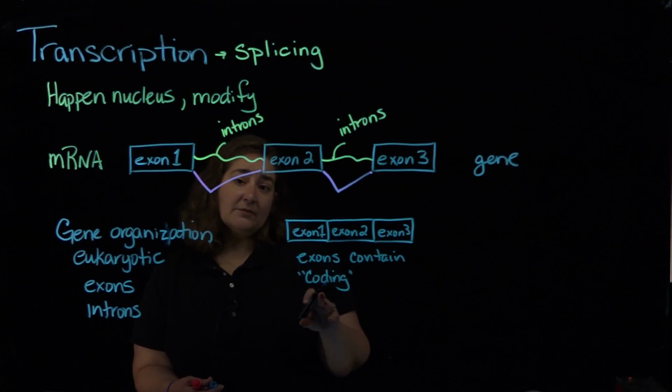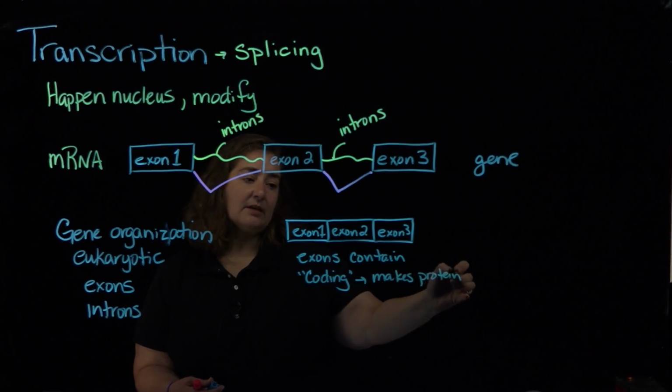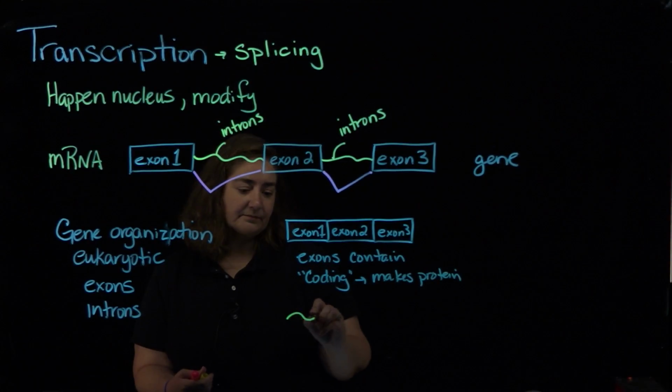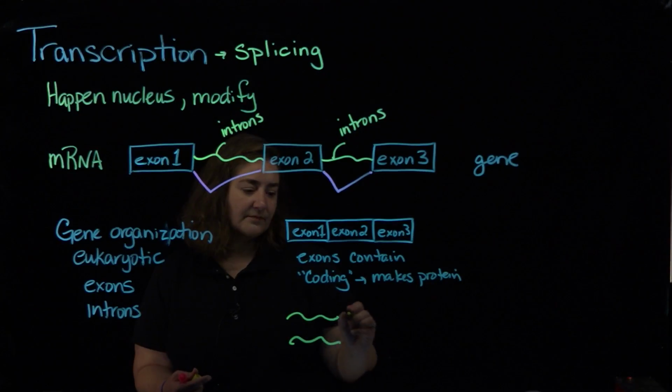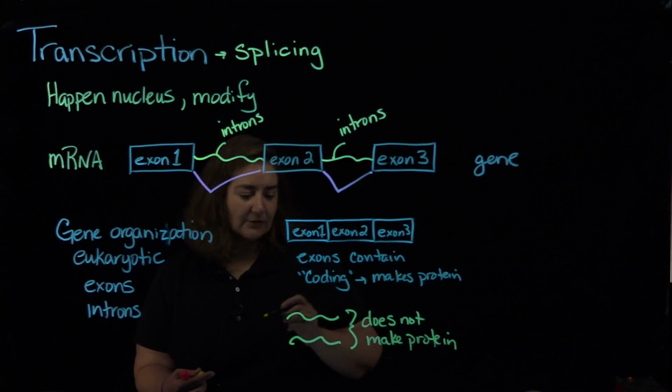But essentially what I mean when I say coding is this is going to be the RNA sequence that makes our protein, okay? The sequence in the introns does not make a protein, typically, okay?